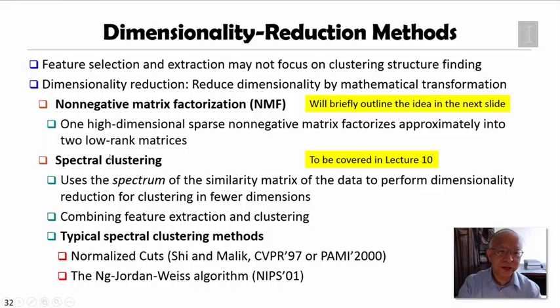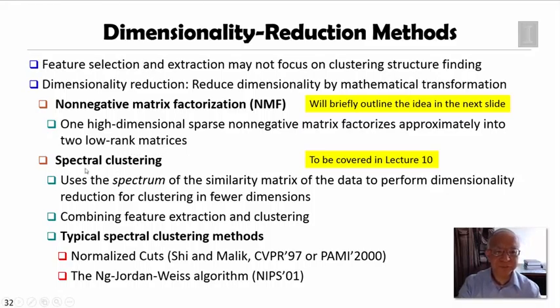There are two very popular approaches, one called non-negative matrix factorization. We will briefly outline the idea in the next slides. The general idea is that for one high-dimensional sparse non-negative matrix, we may be able to factorize it approximately into two low-dimension matrices.